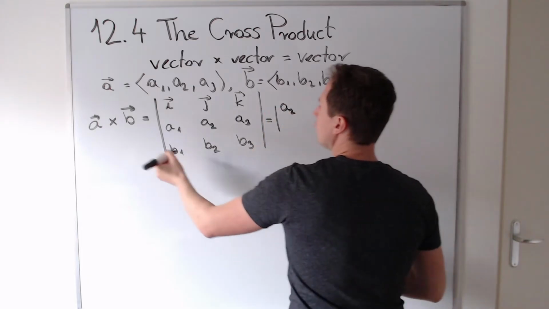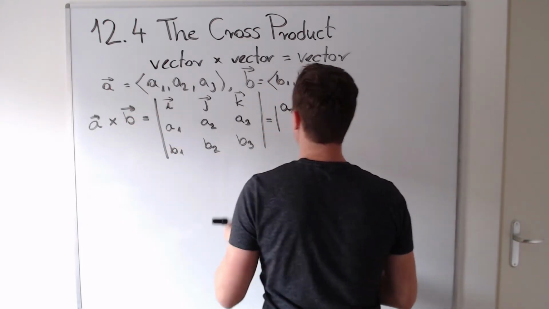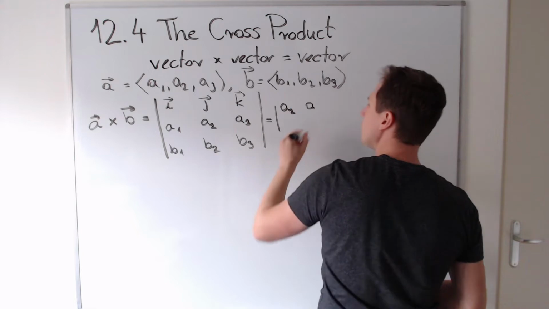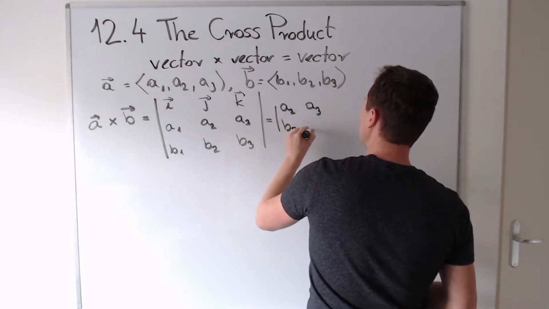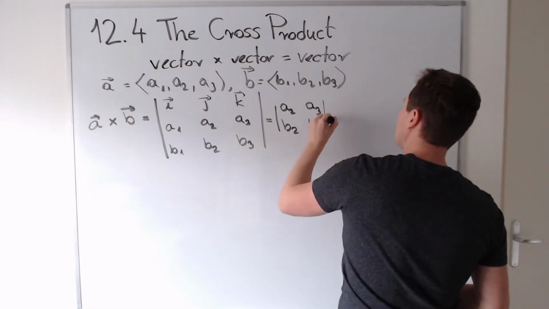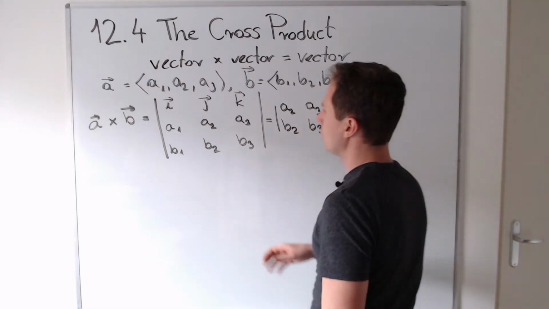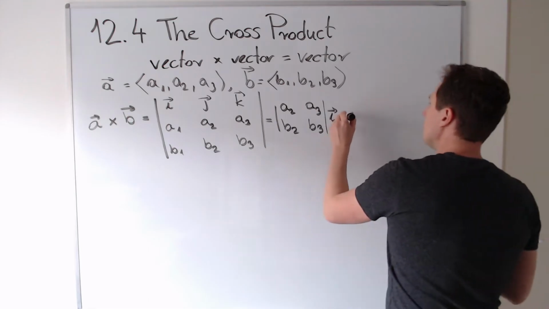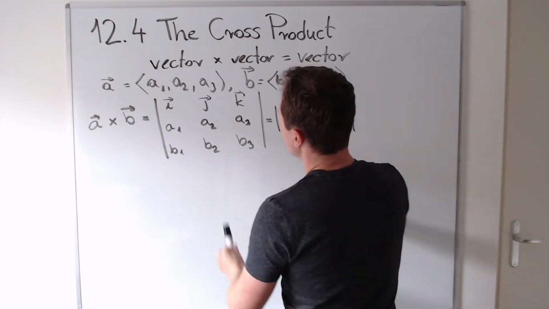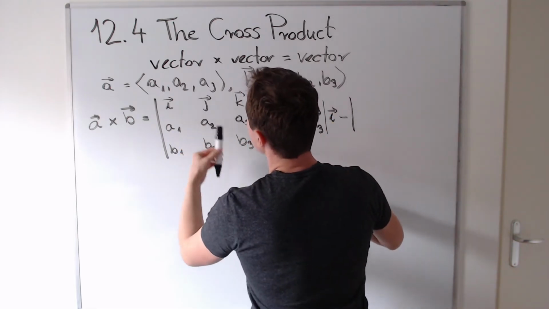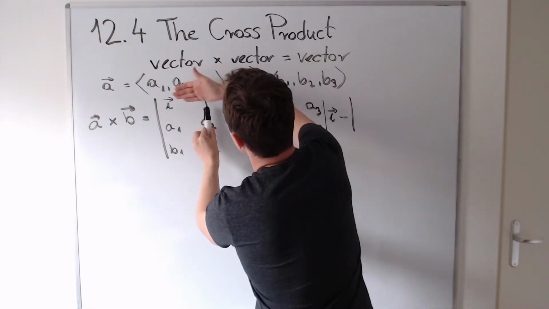So if you expand the determinant by the first row, what you get is a 2x2 determinant that is A2, A3, B2, B3 multiplied by the vector i. Then with a minus sign you get the next determinant that is obtained by covering up the row and column of j.